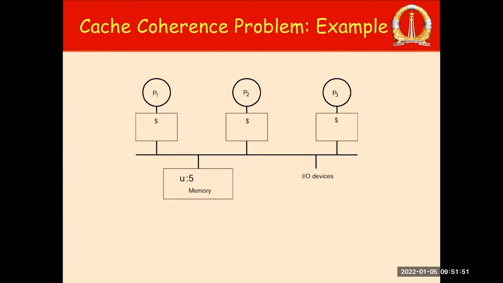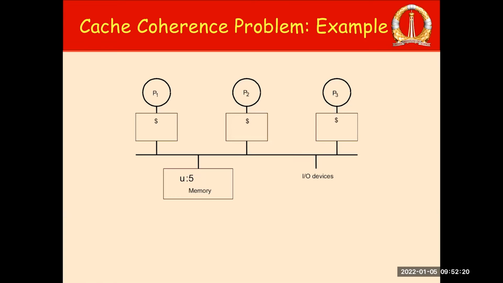Let's see this example in the case of a shared memory architecture with, let's say, 3 processors. Let's assume that we are talking about a centralized shared memory, and there is a single memory module which holds the data. And let's think of 3 processes executing on these 3 different processors, which have the same shared address space.